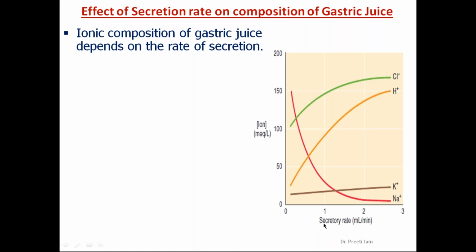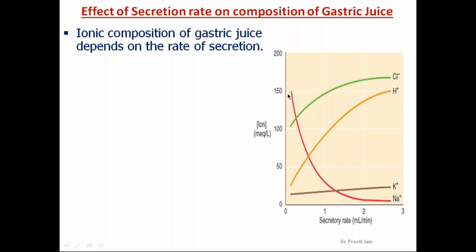As you can see, on the x-axis is the secretory rate, on the y-axis is the concentration of these ions. As the secretory rate increases, the concentration of hydrogen ion goes on increasing.